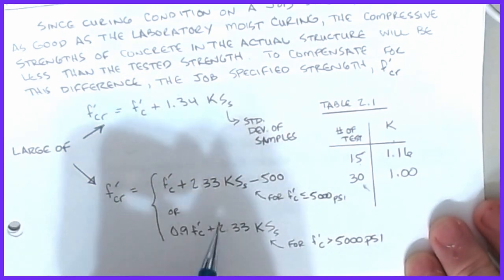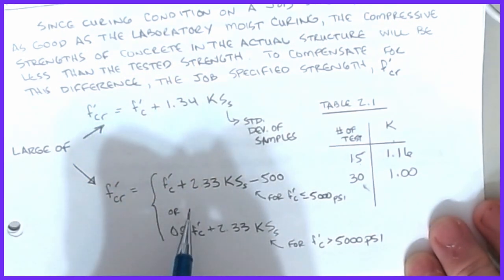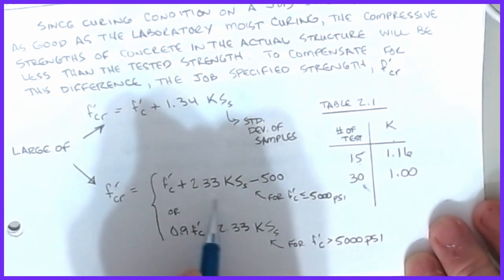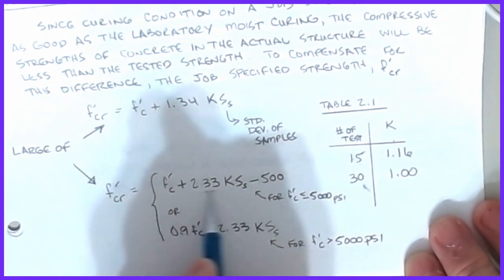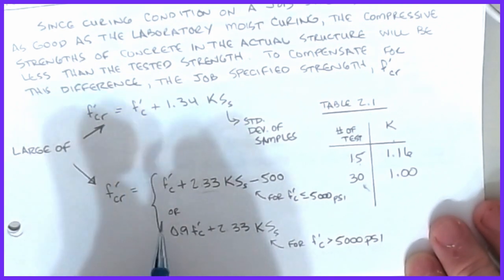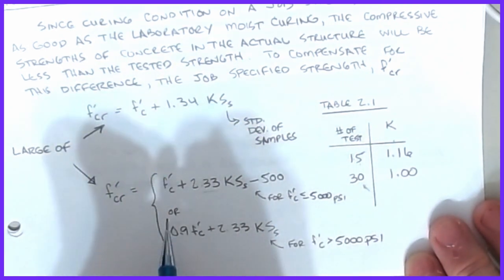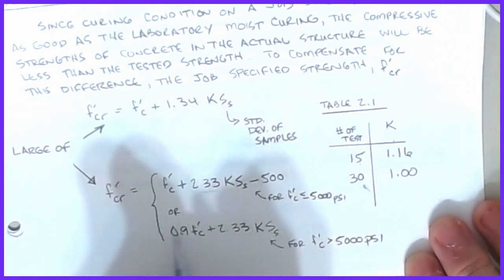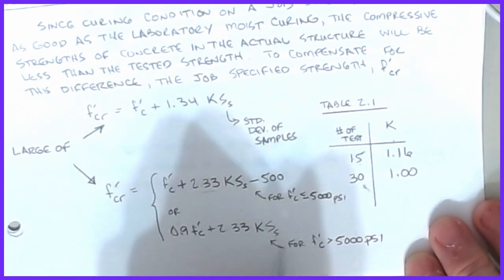The thing that's advantageous to us here is that I've got to know the standard deviation of the samples, and you can see this is that coefficient, which you may recognize as a confidence interval probability for the upper bound. For less than 5,000 psi, the formula is slightly different than it is for higher strengths, because it gets harder to hit higher strengths, but I also tend to get a lot higher f'c values on higher strengths.